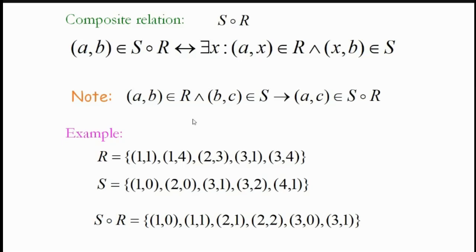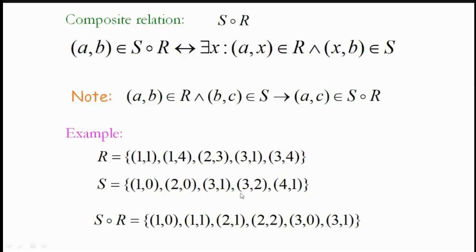Now an example here: R is equal to 1 comma 1, 1 comma 4, 2 comma 3, 3 comma 1, 3 comma 4. S is equal to 1 comma 0, 2 comma 0, 3 comma 1, 3 comma 2, 4 comma 1. Now what could be the composition relation between R and S? So find out the common ones. Here 1 comma 1 and 1 comma 0, 1 is common, so 1 comma 0.